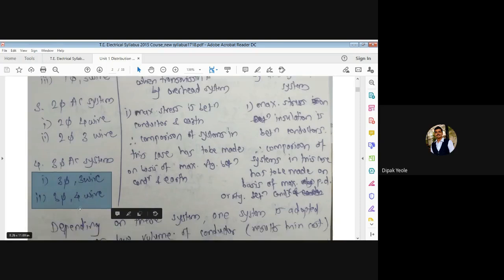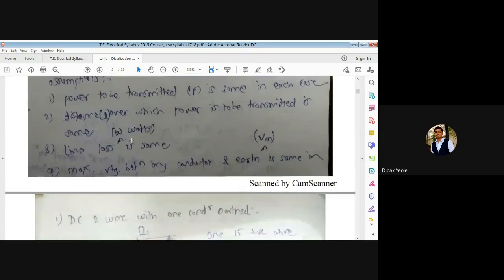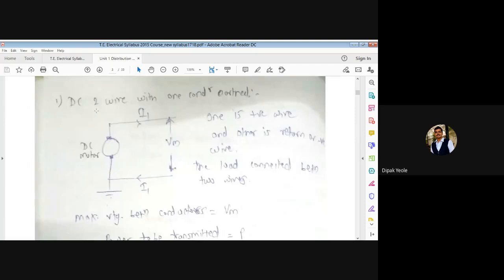So what is our procedure? Our procedure is to compare the conductor material in overhead system first. After that, the same comparison is available for the underground system, and then we are going to take the final volume of conductor material, and then we will make the conclusion. Yes. So the first system is very simple: DC 2 wire with 1 conductor earth.